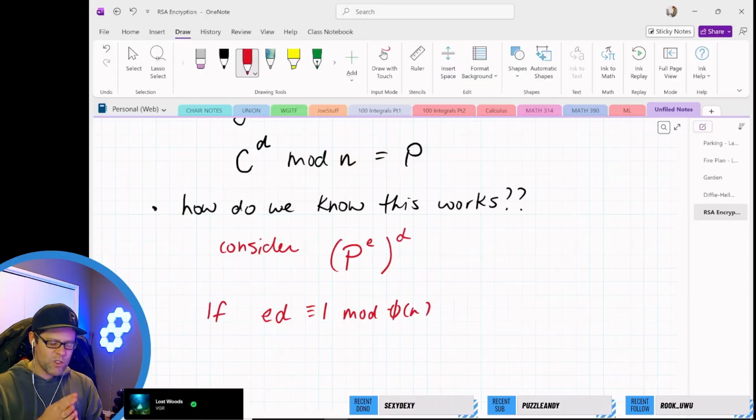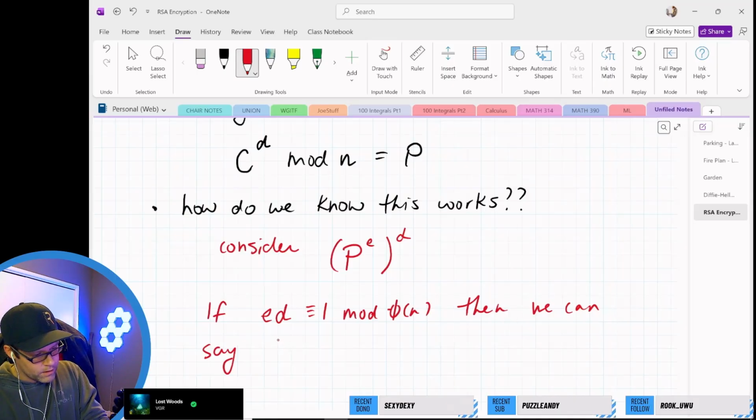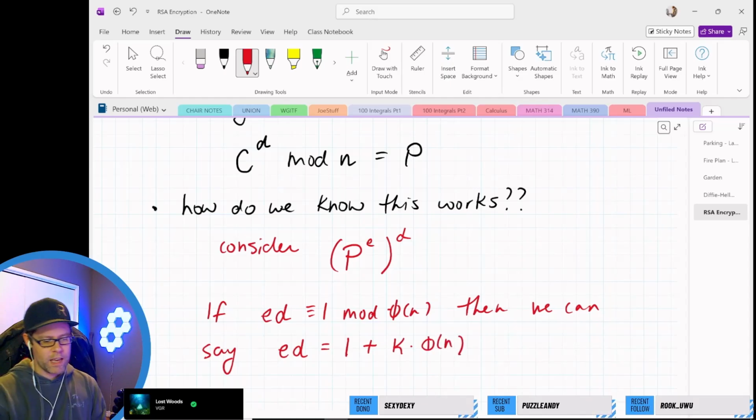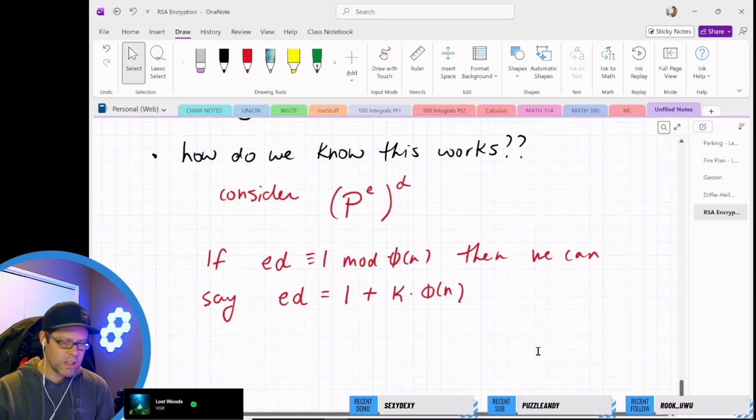So if multiplying these two things together is congruent to 1, so if these two things are indeed inverses of each other, then we could say that e times d is equal to 1 plus some multiple of phi n. Right, so these two things should be the same.